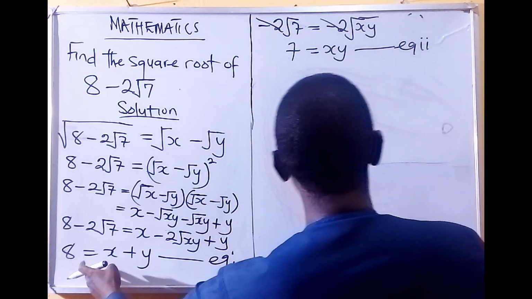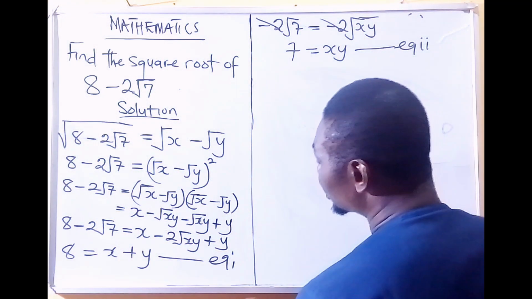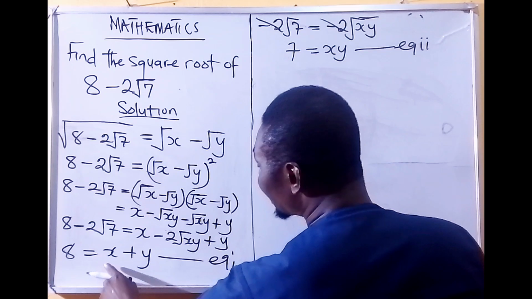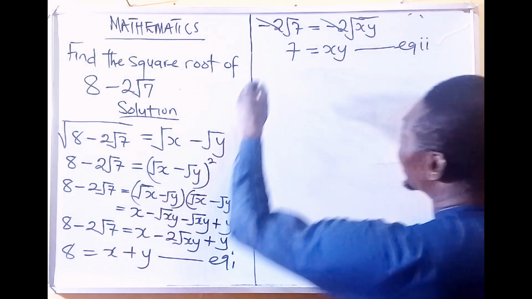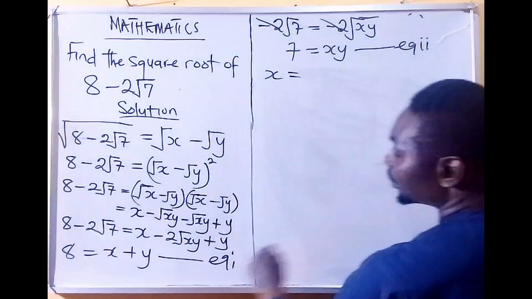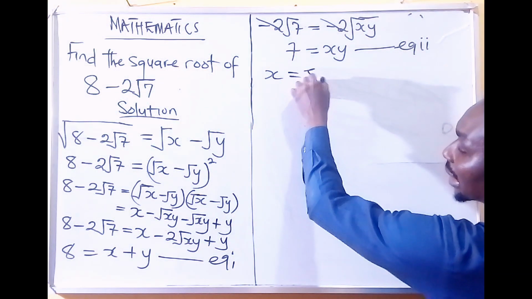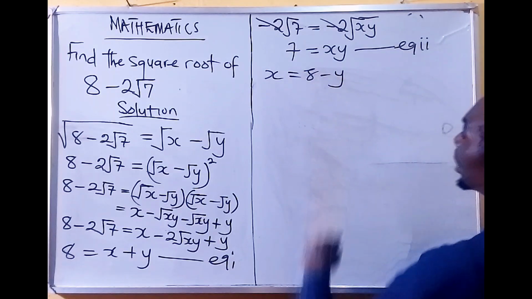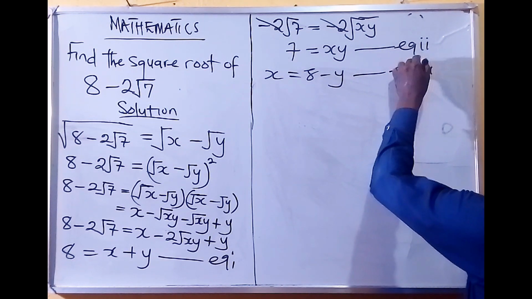Now we are going to solve equation 1 and equation 2 simultaneously. We can make x the subject of the formula. So x is 8 minus y. You can make it equation 3.